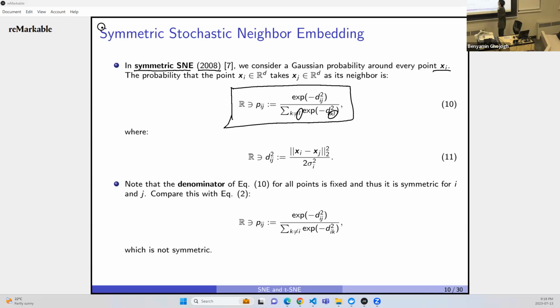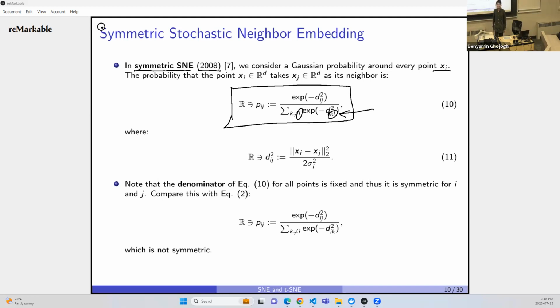Am I right? However, here we have l. The difference is that here we sum over all of the pairs, however, in SNE, we sum over all of the pairs excluding the pairs which have i in them.